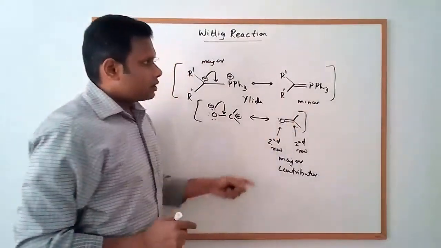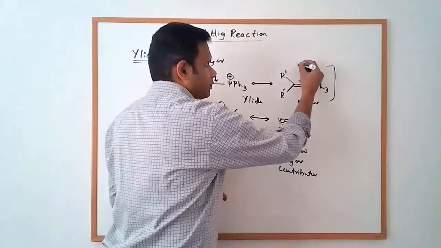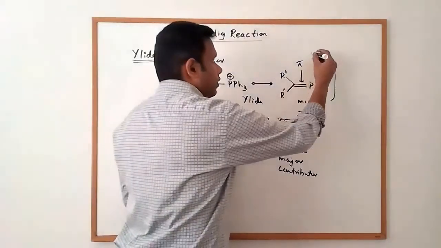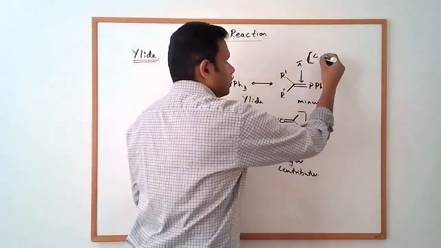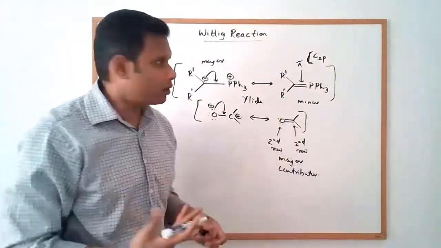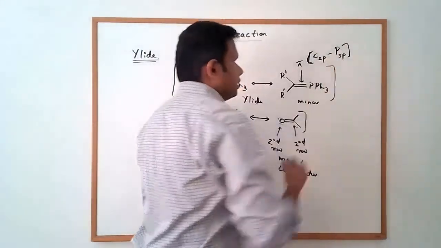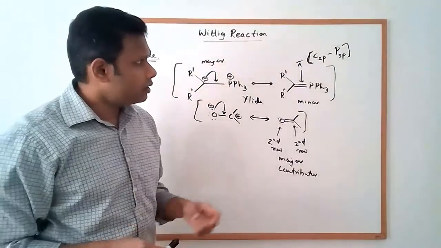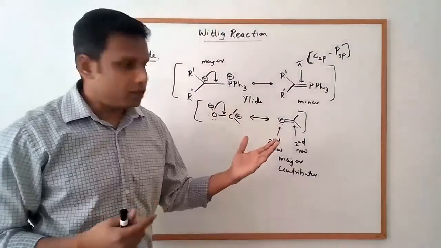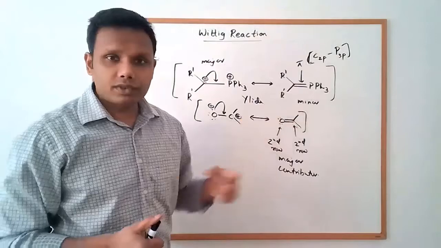the double bond that's formed here, one of these bonds is a pi bond. The pi bond here involves the overlap of a carbon 2p orbital with a phosphorus 3p orbital, because carbon is from the second row of the periodic table, but phosphorus is from the third row.